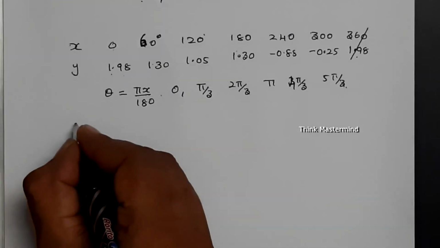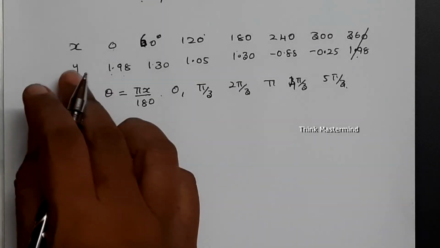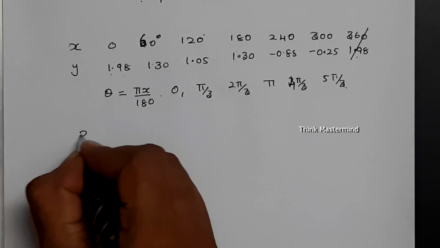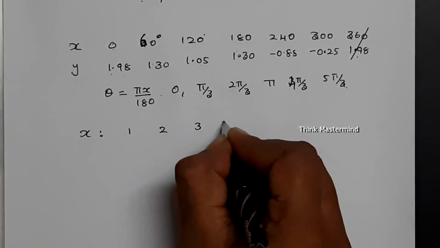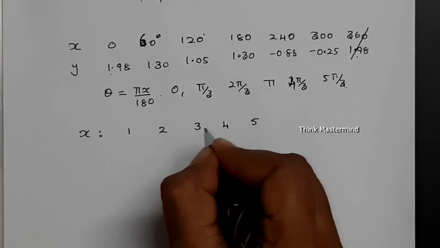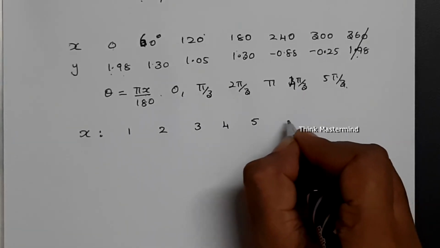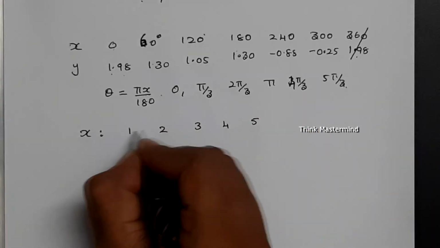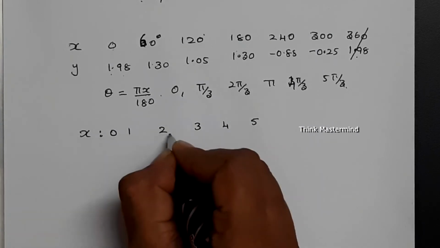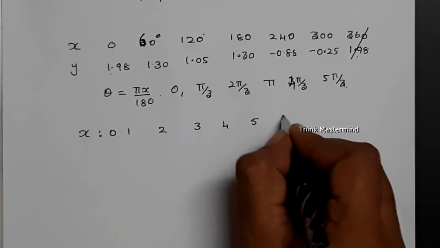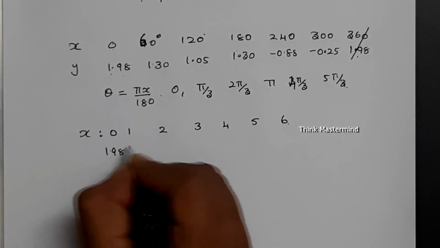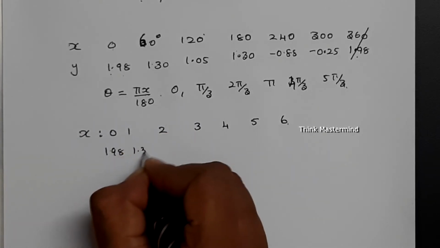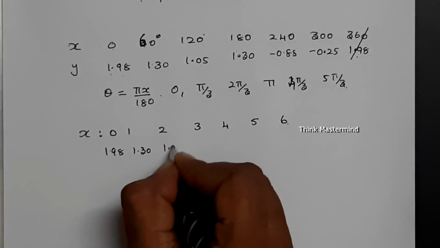Suppose x is given in numerical value for the same data. Suppose x is given as 1, 2, 3, 4, 5 up to 6, that is it started from 0, 1, 2, 3, 4, 5, 6. The corresponding y value is the same: 1.98, for 1 it is 1.30 and for 2 it is 1.05.